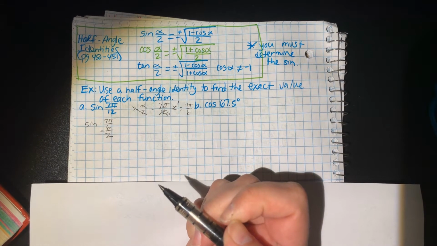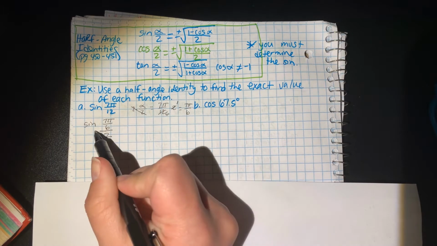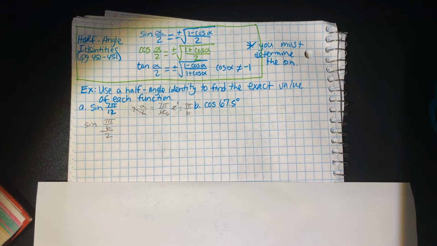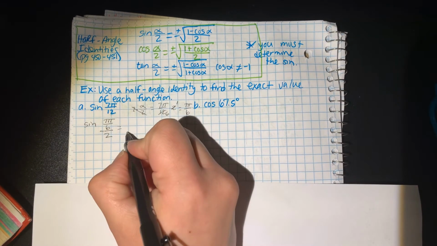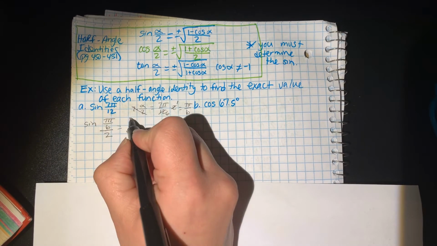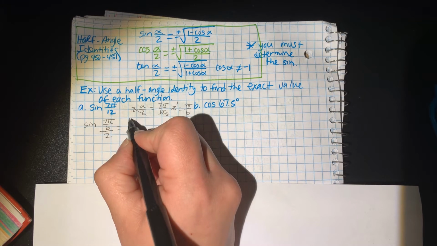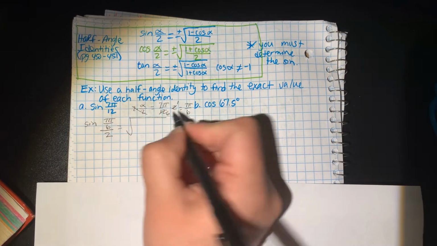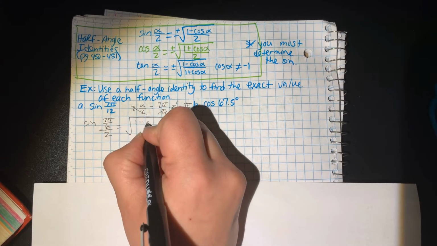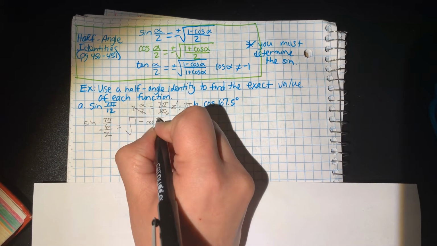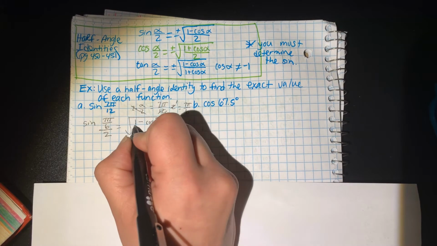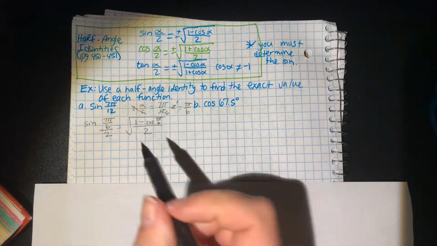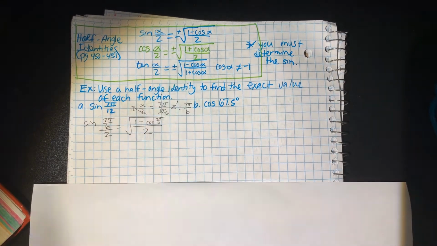Right? Now we are going to use our sine equation here. So that equation is the square root of 1 minus cosine 7 pi over 6, divided by 2. The next thing is we need to figure out whether we're going to use the plus or the minus of it.